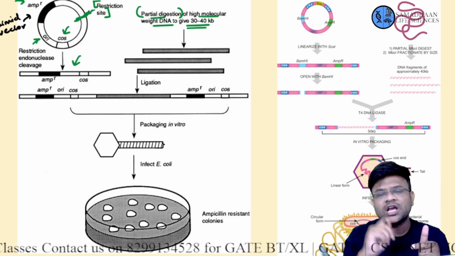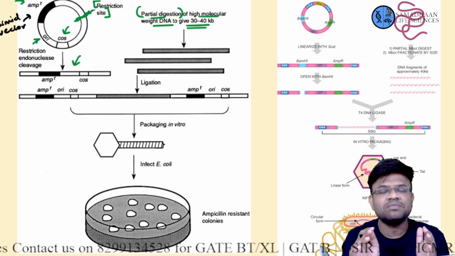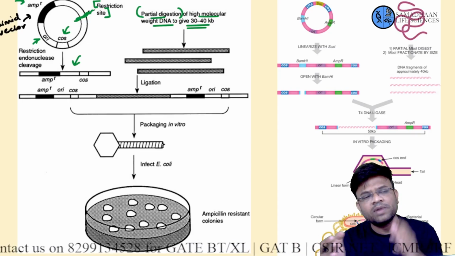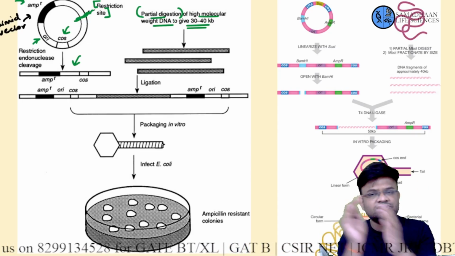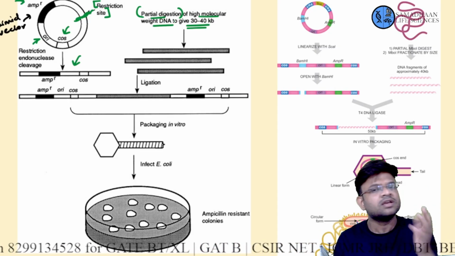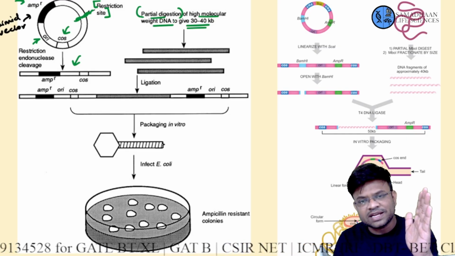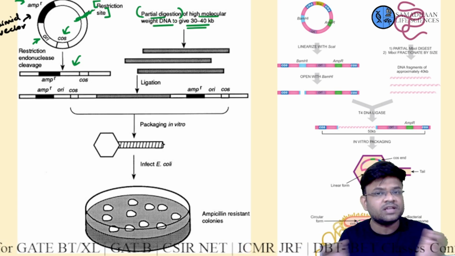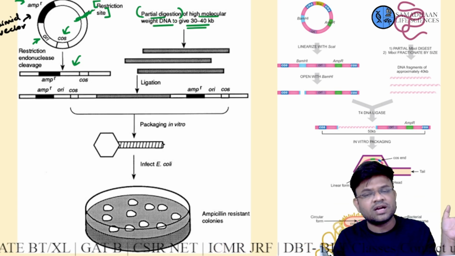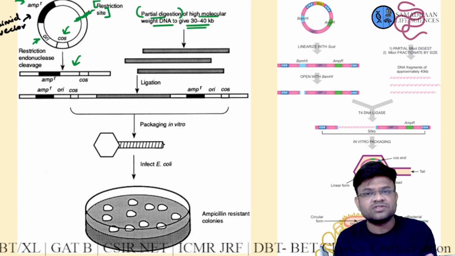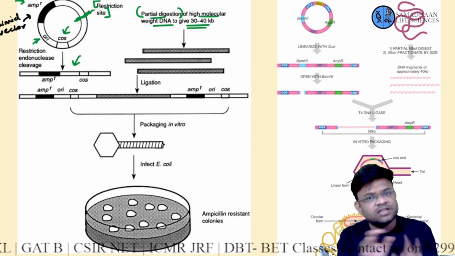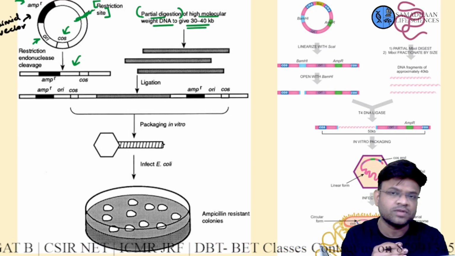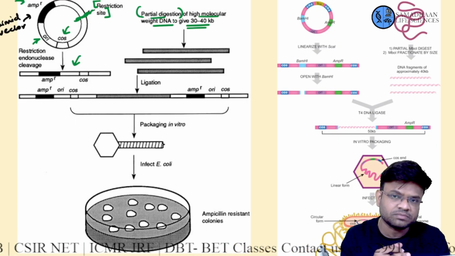But partial digestion means there is equal probability of cutting any of the 3 restriction sites. Suppose the first restriction site can be cut, the second can be cut, the third can be cut. There is a probability that none of the restriction sites will be cut, and a probability that all 3 restriction sites will be cut. There is a probability that 2 of them will be cut, and so on and so forth. So this is called partial digestion.